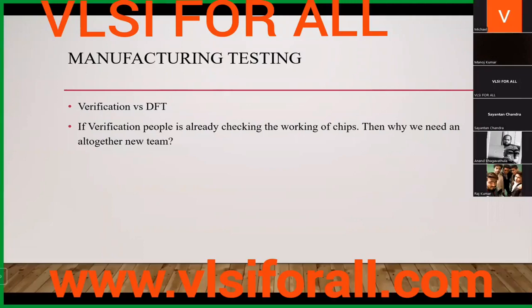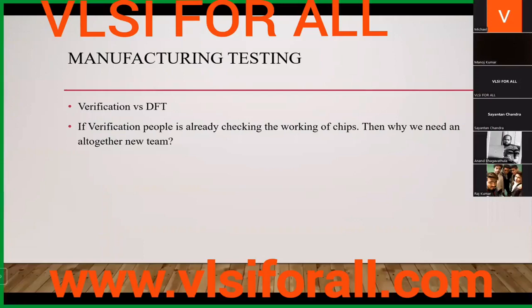That's true. So the question will be something like, suppose there is a manufacturing fault in a chip. Do you think it will function correctly? No. Then their test also tests that manufacturing fault, right?